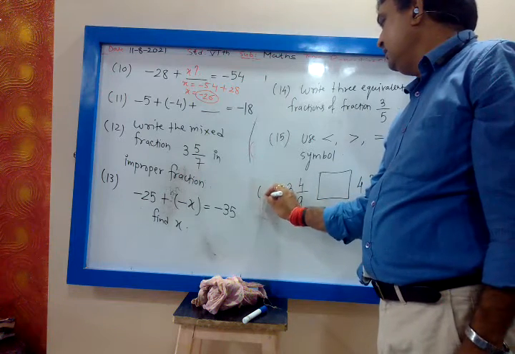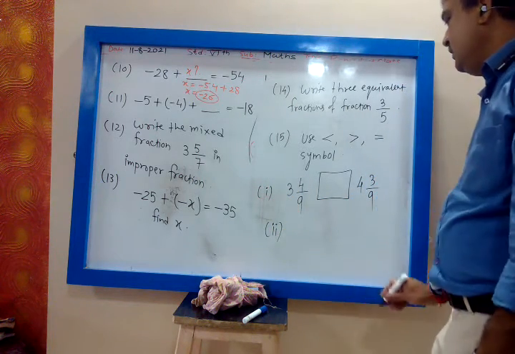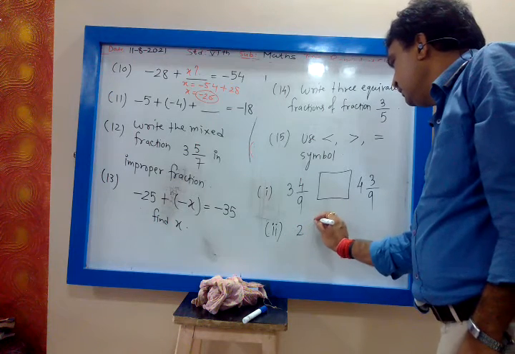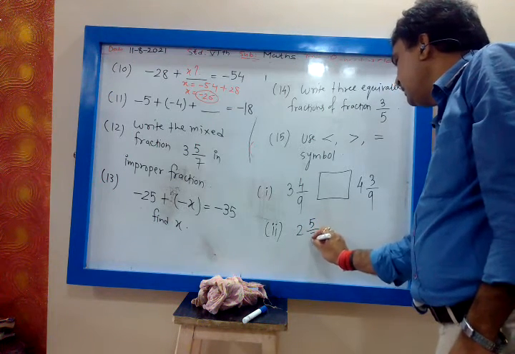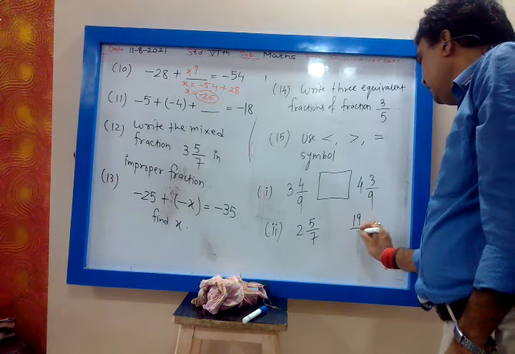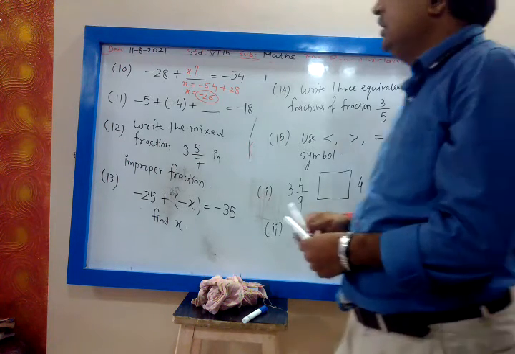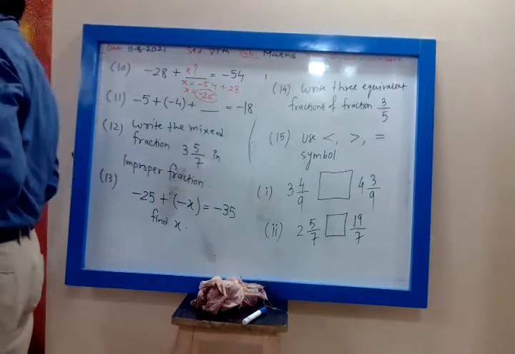Then this is first, now second. Use greater or less than symbol. 2 and 5 by 7 and 19 by 7. Use greater than, less than or equal to symbol.